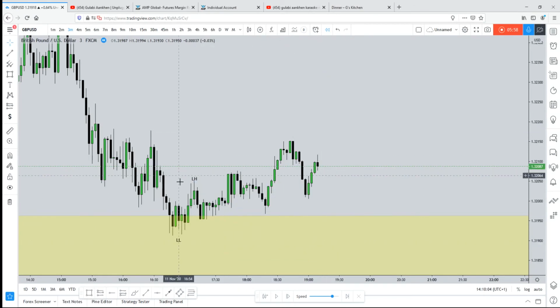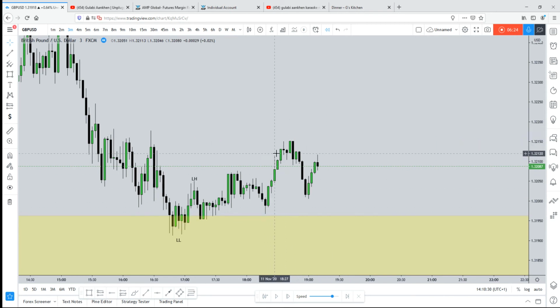Then this lower high could not make the price go below this lower low. That means price could not make a lower low. Now it's going up, making higher low, higher high, higher low, higher high. See this intense structure break.